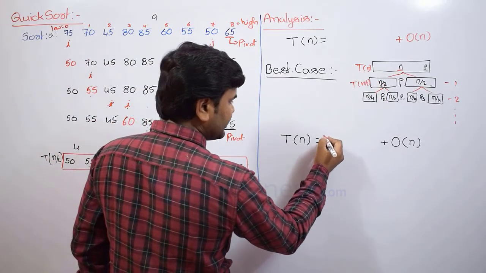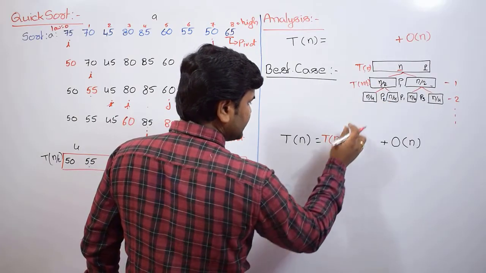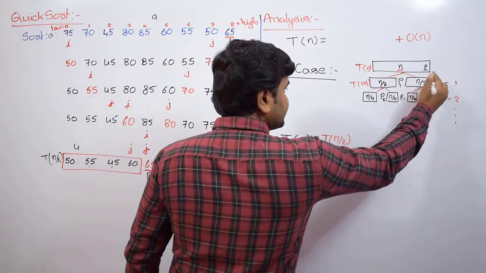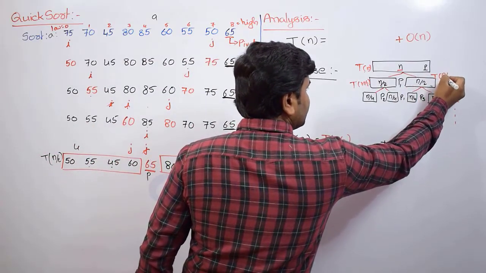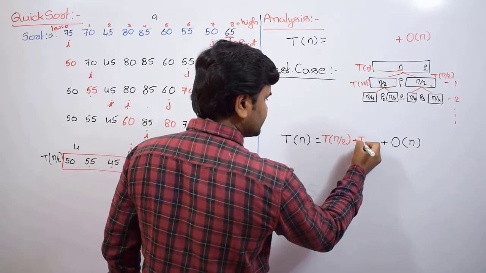So I can write here that the time complexity for the first subproblem is T of n by 2 and for the second subproblem is also T of n by 2.